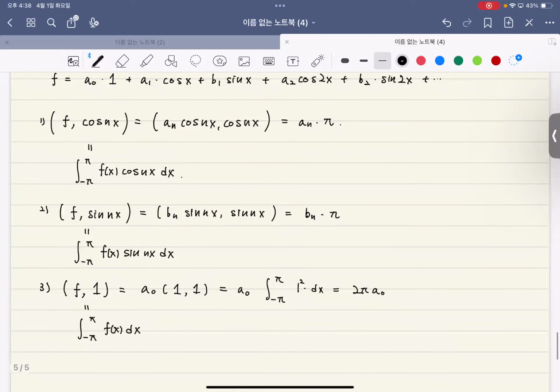Okay, so a_n is 1 over pi times the integral of f(x) cosine nx, and b_n is 1 over pi times the integral of f(x) sine nx, and a_0, which is the only exception, is 1 over 2 pi times the integral from minus pi to pi of f(x) dx. Okay, now we are almost done.